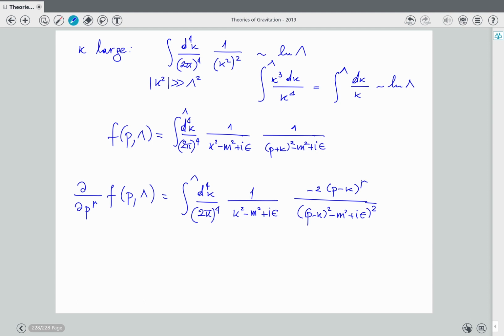Now, this object admits a finite, well-defined limit when lambda goes to infinity. It's not divergent anymore. First, because there is no divergence in the finite regions of integration, and the only thing is when k goes to infinity. So k squared goes to infinity.